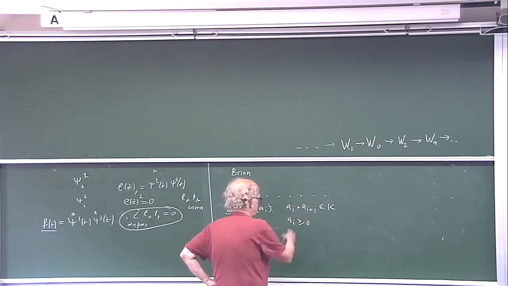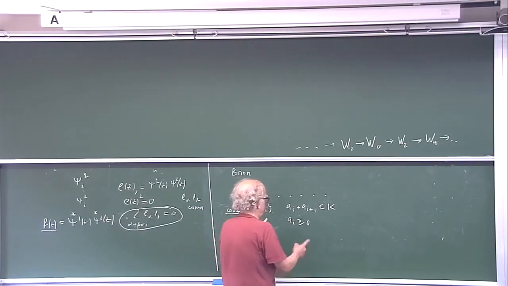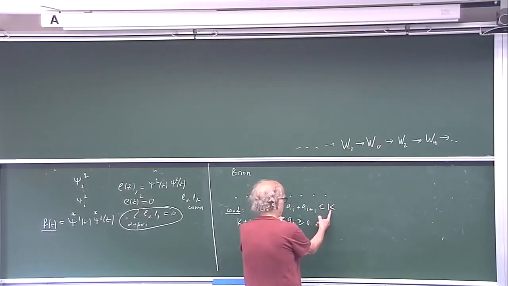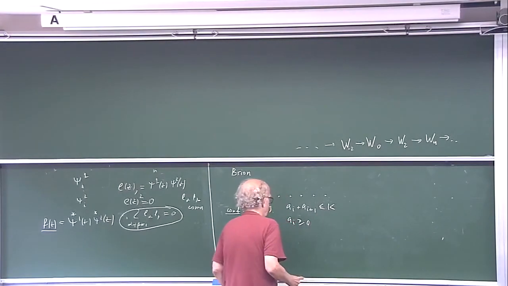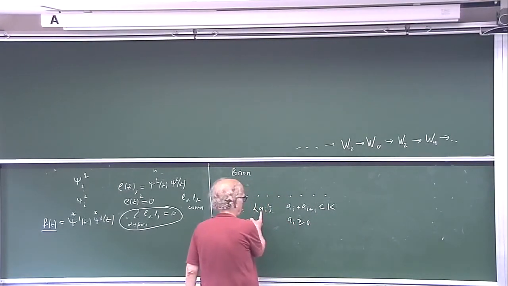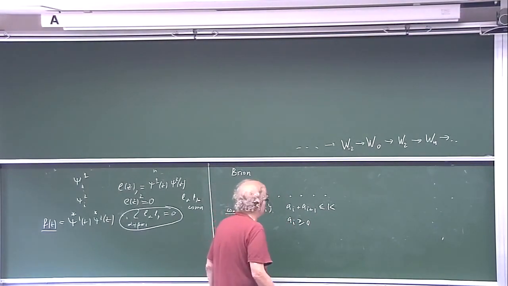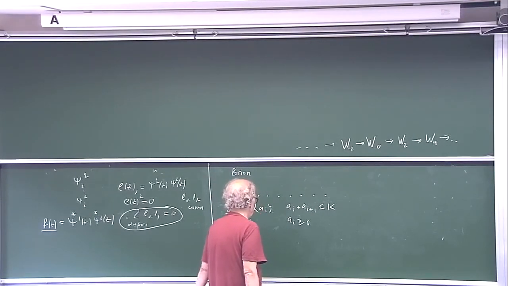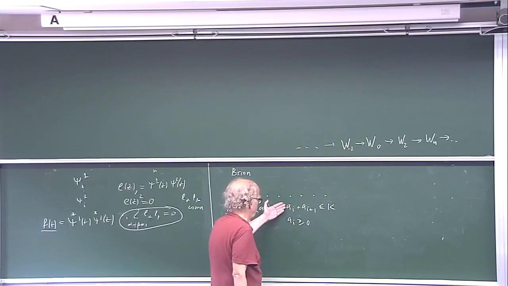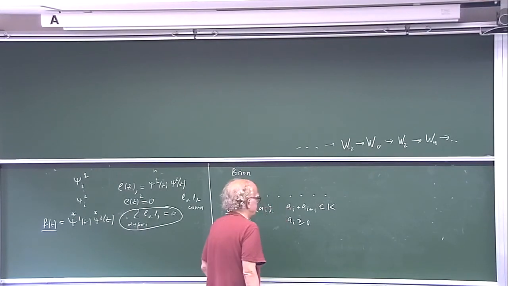So we have parameter k, we have a collection of a_i, it is infinite, but still it is a collection, and we have such inequalities.